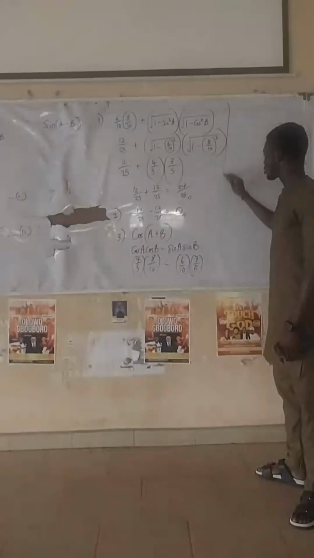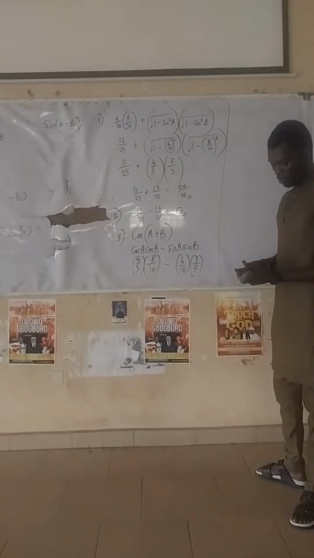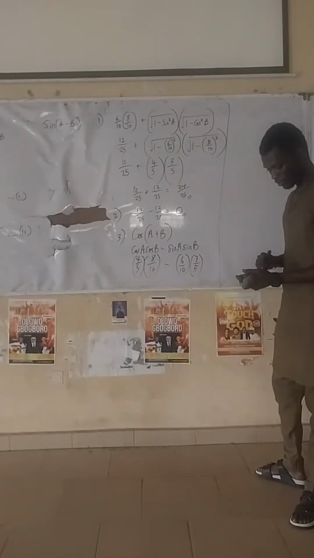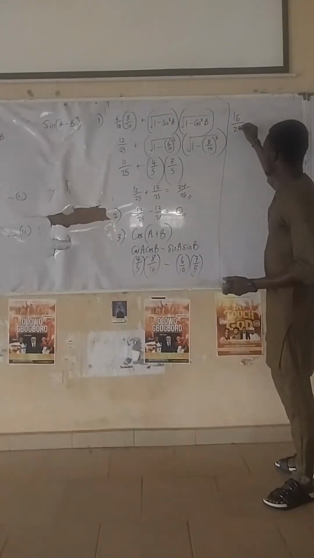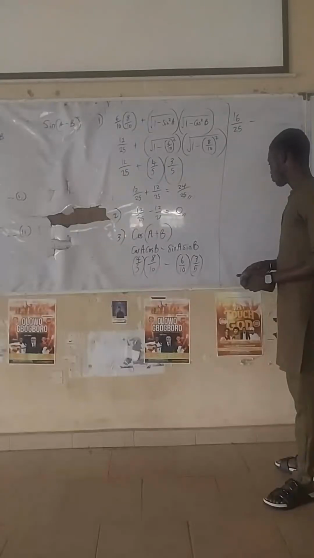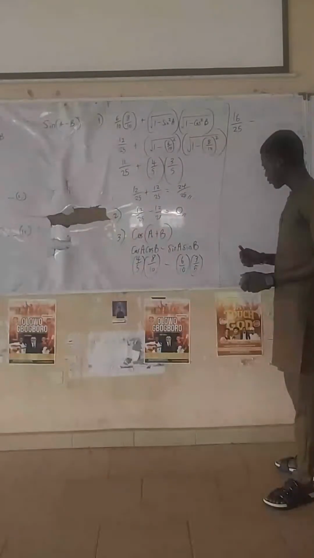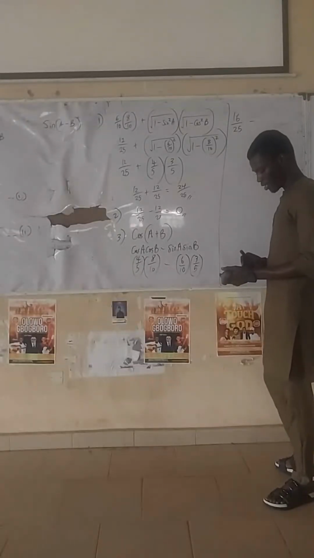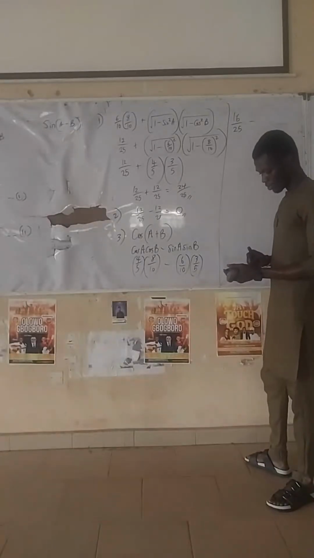So if you do for this, 4/5 times 8/10, in the simplest form, that gives us 16/25, minus 6/10 times 6/10, which is 3/5, so times 3/5 again.